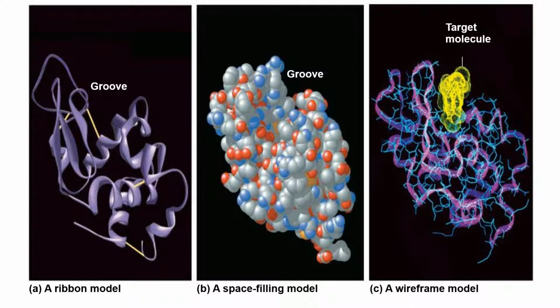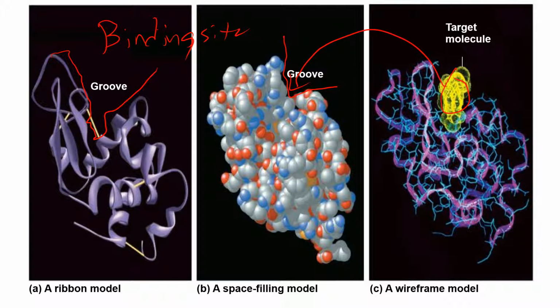So here you have a nice little ribbon and space filling model. Basically this is showing you that in this protein there's a little indentation. There's a little groove here. Now, this little groove is actually a binding site. It's a site of biological activity. So there's some target molecule here that's going to bind to this groove.